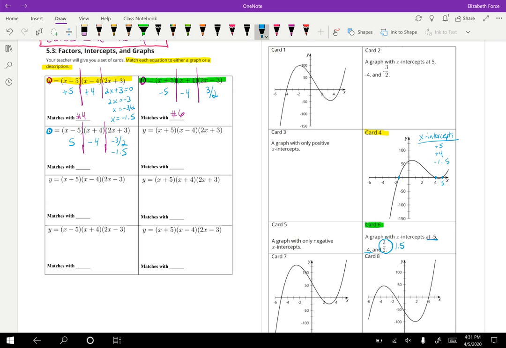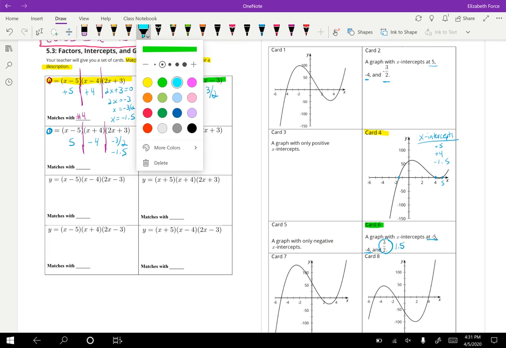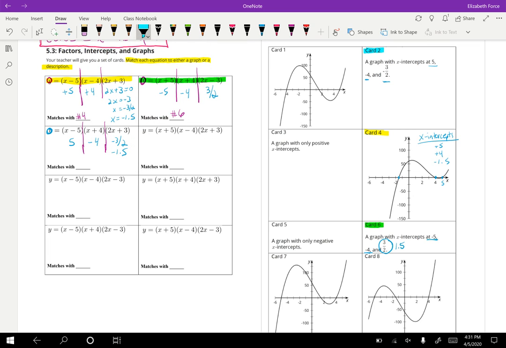If I look over on my cards, I've got positive 5, negative 4, and negative 1.5, or negative 3 halves. That's card number 2. So we're going to match card number 2 with this function.